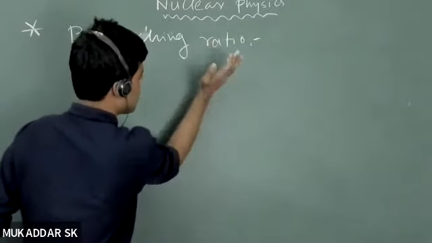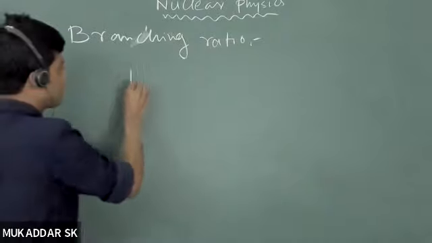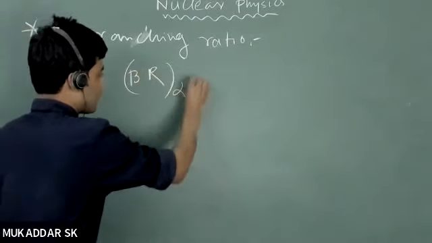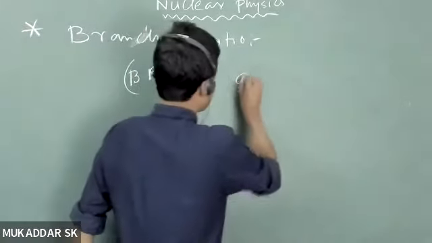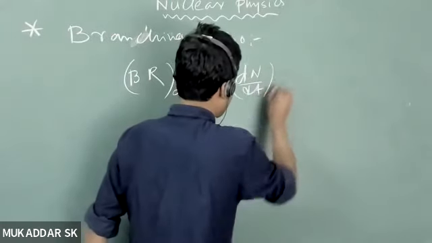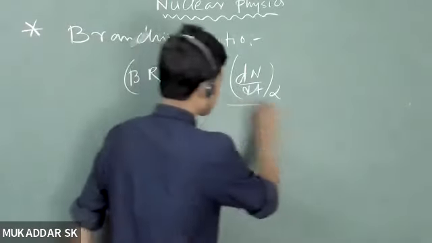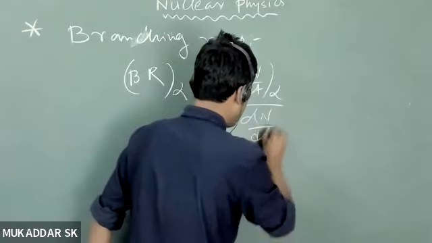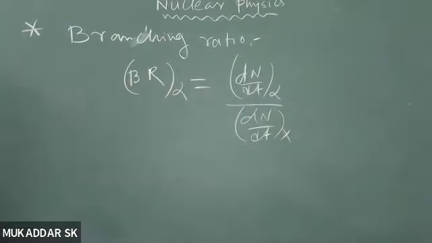In alpha branch, beta branch, gamma branch, and so on. Now, if I define the branching ratio for alpha decay, then how will we define it? The rate of change of parent nuclei due to alpha decay divided by the total rate of change of parent nuclei.